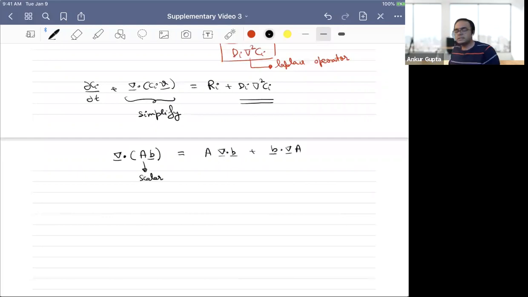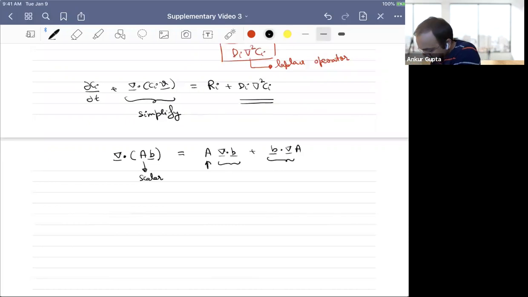It's like a product rule: you take the divergence of b and multiply with a, and then you have the operator b dot del, which is applied on the scalar a.